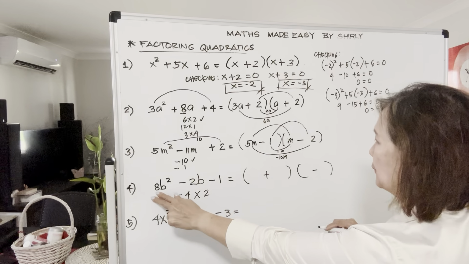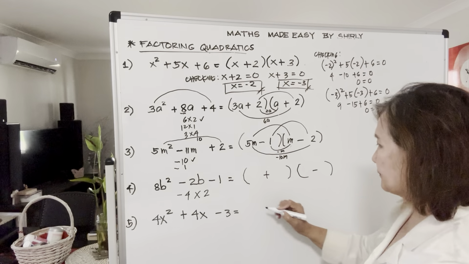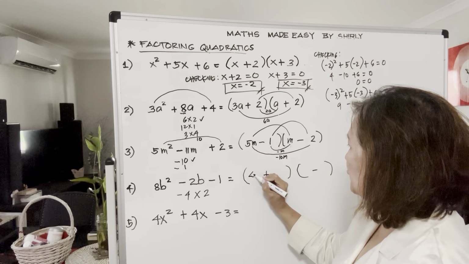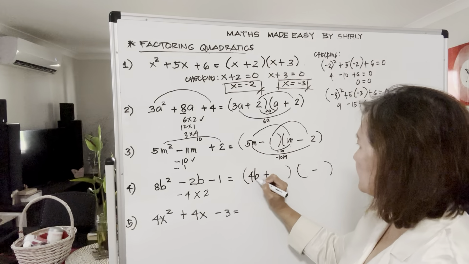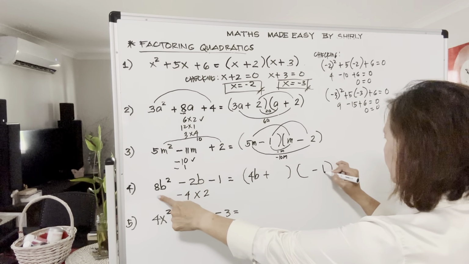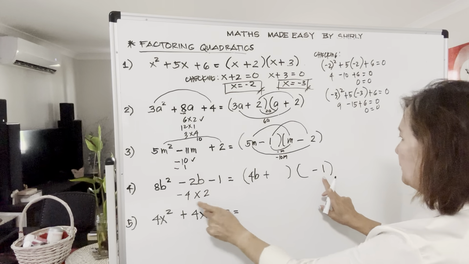So we have 8b squared. So we can have 4b times negative 1. So 4b times negative 1, that is negative 4b.